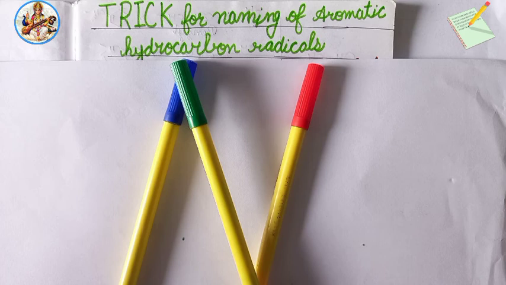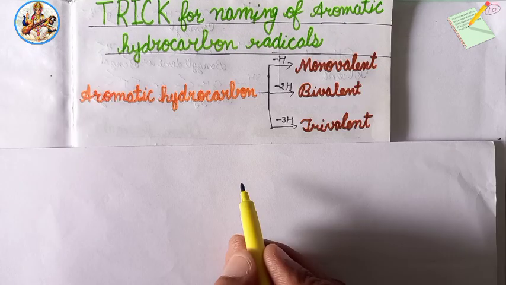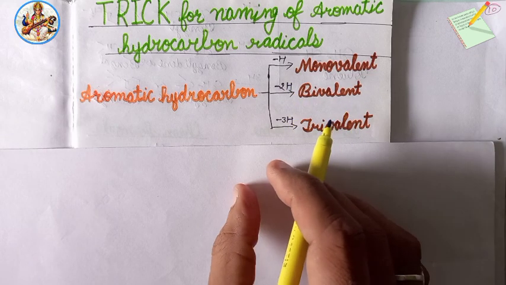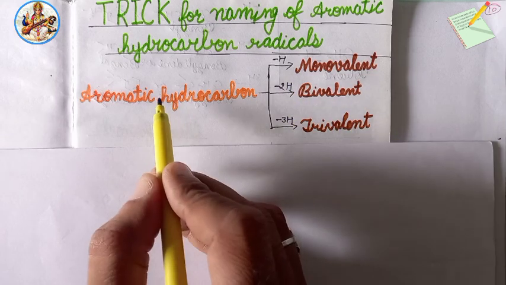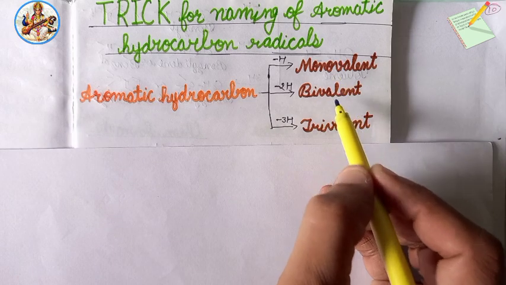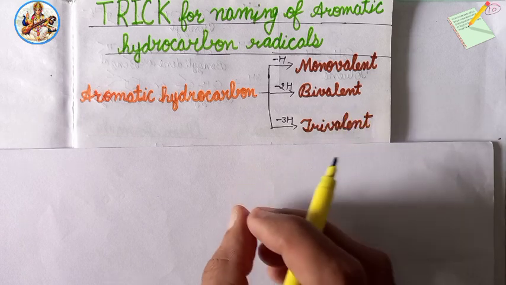In today's session, I am going to discuss the nomenclature of aromatic hydrocarbon radicals. Similar to aliphatic hydrocarbon radicals, when 1, 2 and 3 hydrogen atoms are replaced from an aromatic hydrocarbon, then monovalent, bivalent and trivalent radicals are obtained respectively.